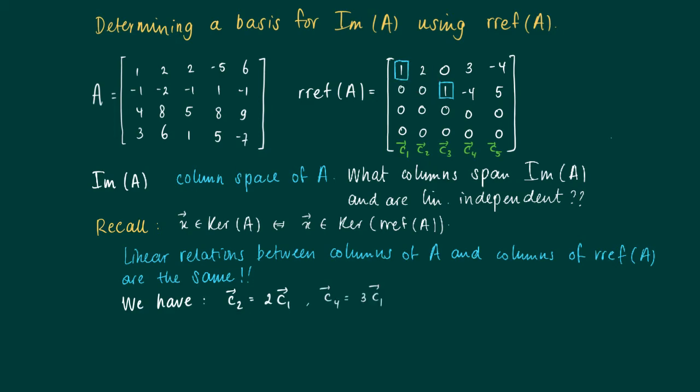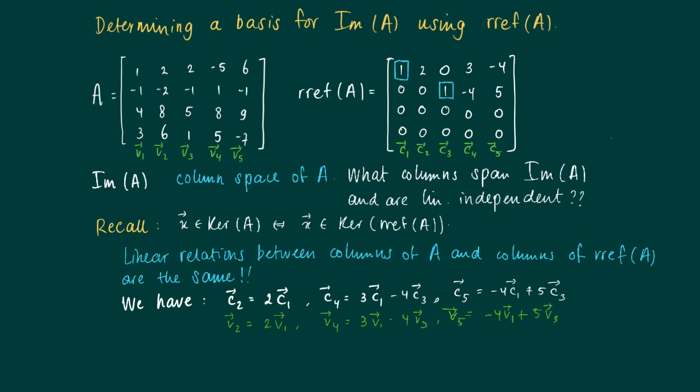And similarly we find that C4 is 3 times C1 minus 4 times C3, and C5 is minus 4 C1 plus 5 C3. So if we call the columns V1 till V5 in A, we have the same linear relations between the columns.